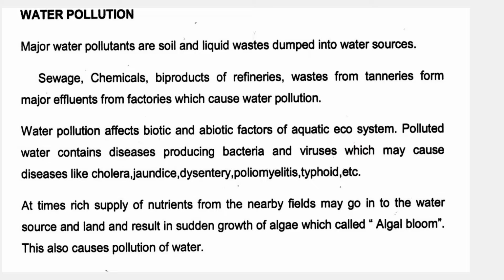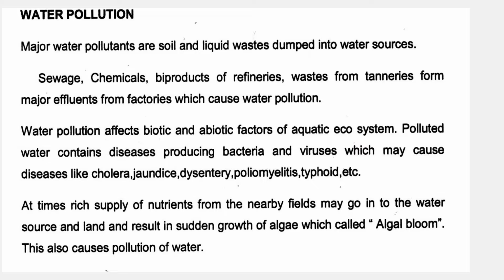At times, rich supply of nutrients from the nearby field may go into the water source and result in sudden growth of algae which is called algal bloom. One typical example, when we see a temple pond, the water will not be clear, it is green.